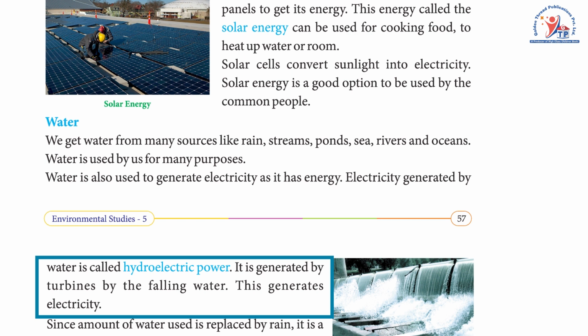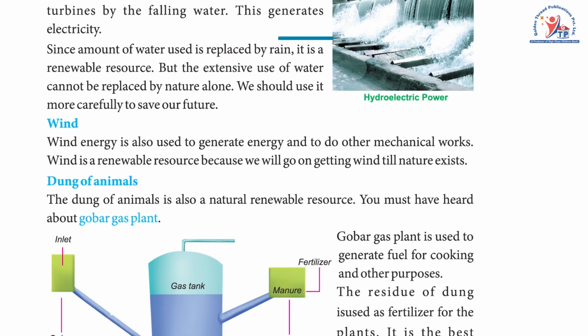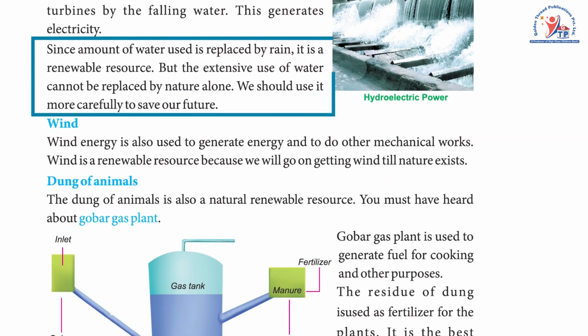It is generated by turbines by the falling water. This generates electricity. Since the amount of water used is replaced by rain, it is a renewable resource. But the extensive use of water cannot be replaced by nature alone. We should use it more carefully to save our future.